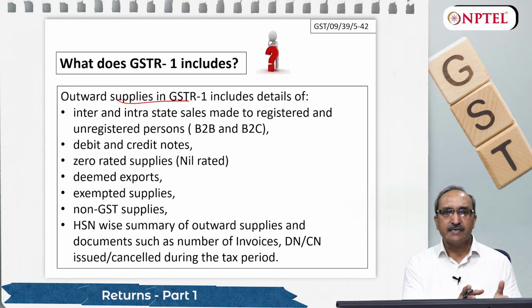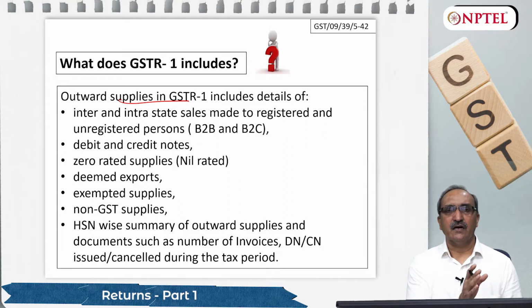So in intrastate sale in a particular month, let's say July, if I have 100 invoices for intrastate sale where I have charged CGST and SGST, then I have to give all these 100 invoices' details on the GST portal under the GSTR 1 form.